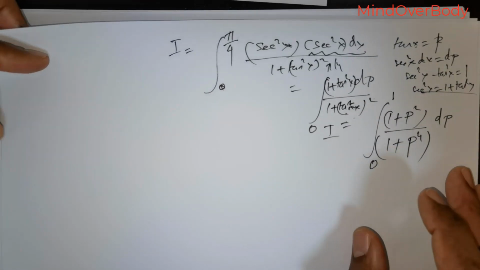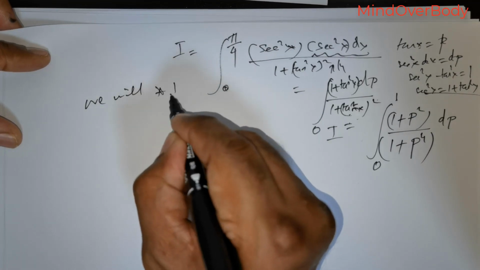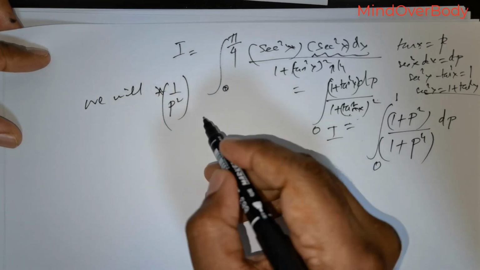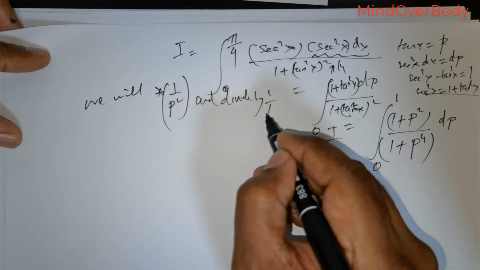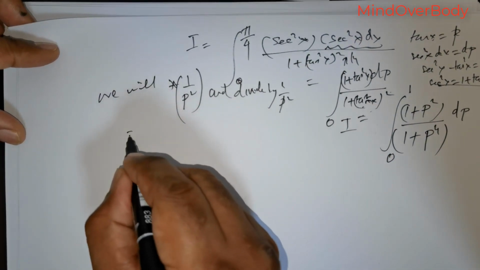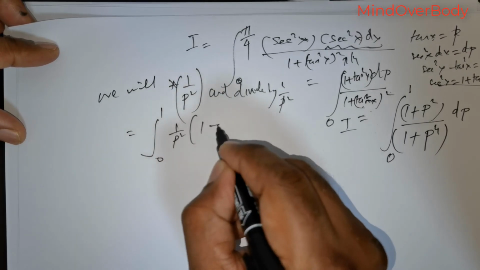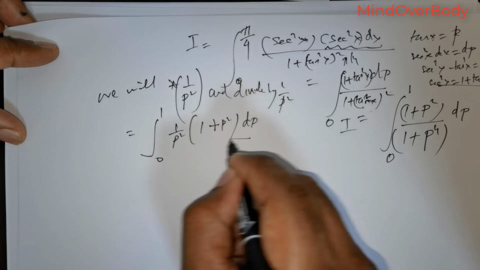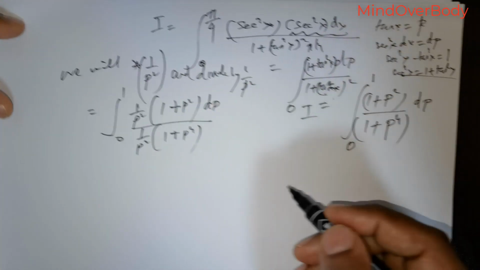So now I would like to make one substitution. We will multiply by 1 over p squared and divide by 1 over p squared. So this is equal to the integral from 0 to 1 of (1 over p squared times 1 plus p squared) dp divided by (1 over p squared times 1 plus p raised to the power of 4).